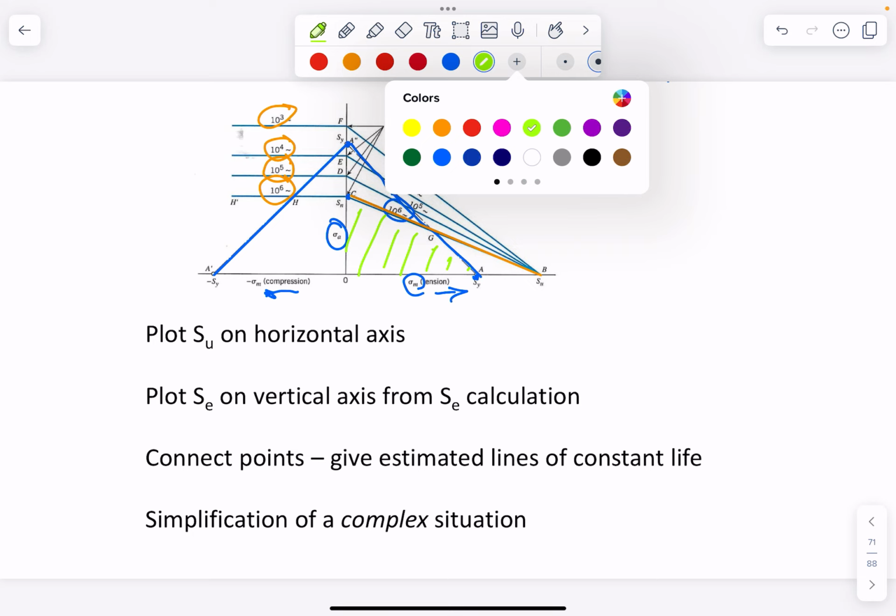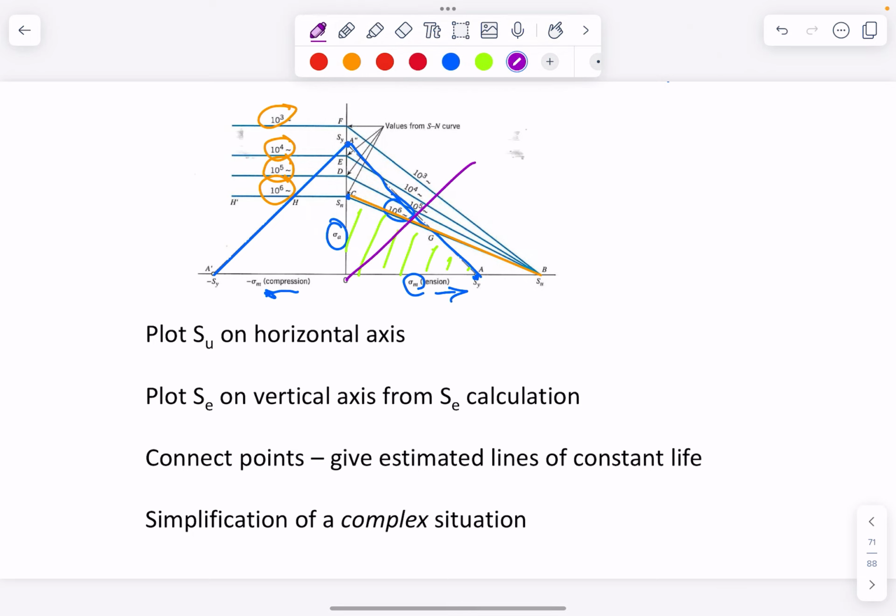Now, of course, if we increase our load, let's say we work in here and we predict this is the maximum load. The ratio of one to the other is basically a factor of safety, or the reciprocal of the factor of safety.